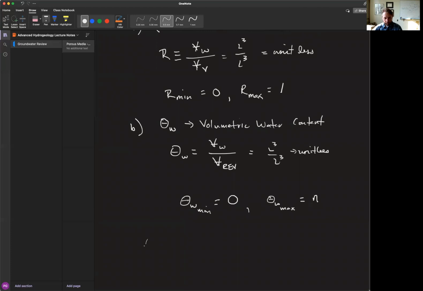So some relationships that are important here. Oftentimes what I'm actually interested in might be the volume of water in the porous media.